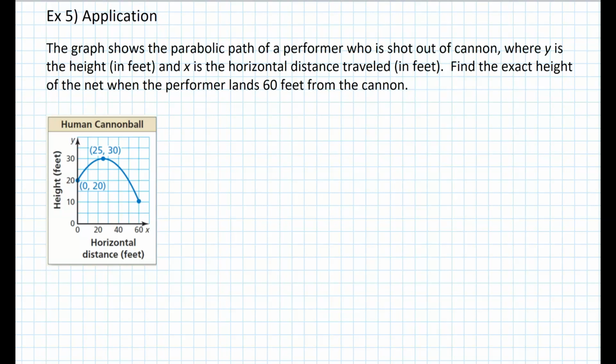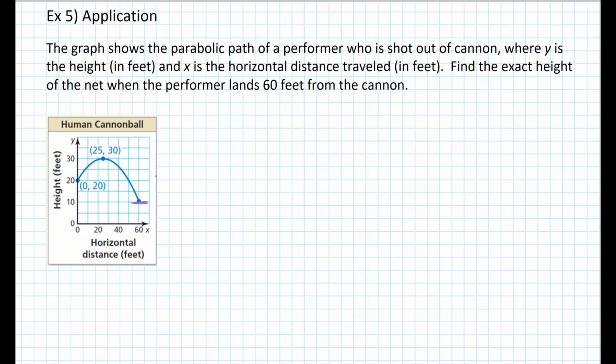So again, our performer is being shot up in the air. What's her maximum height that she reaches? 30. She reaches a maximum height of 30 feet, which occurs at a horizontal distance of 25. And this is where she lands, and this is where the net is. And so that's what we're trying to figure out. What is the height of that net?